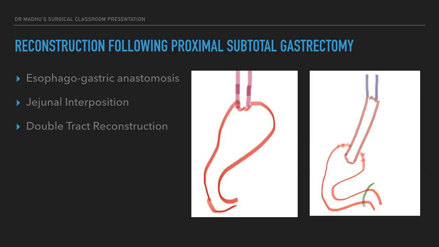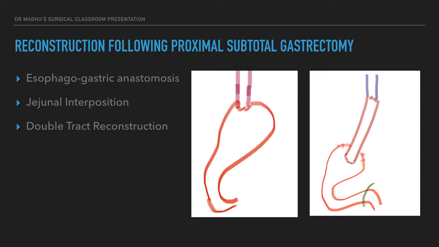So the reconstruction patterns that can be done following a proximal subtotal gastrectomy: one is an esophagogastric anastomosis between the distal stomach and the esophagus. This is the traditional one. The second one is placing a jejunal loop between the esophagus and the stomach. This is called a jejunal interposition.